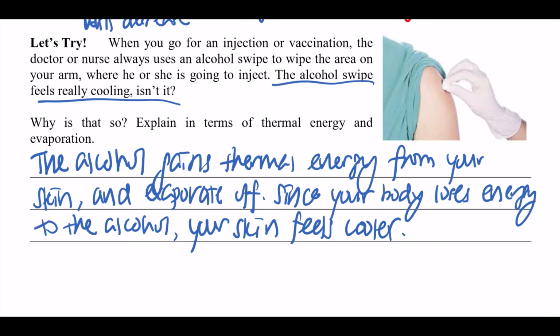Because they are all at room temperature. But the metal feels colder than the wood or plastic tabletop simply because the metal legs are able to conduct thermal energy away from your skin at a faster rate, so your skin feels colder because thermal energy is being lost from your skin.